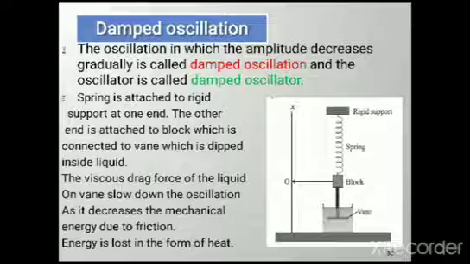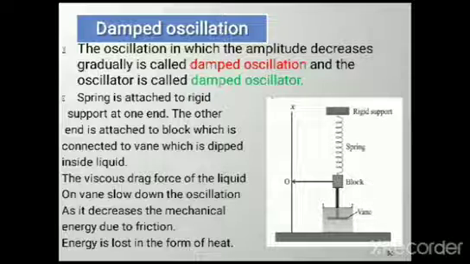You will observe that slowly the amplitude of SHM will decrease. So this is an example of damped oscillation. Of course, the amplitude decreases due to the air resistance in the surroundings as well as due to friction generated where the pendulum is fixed to the rigid support.